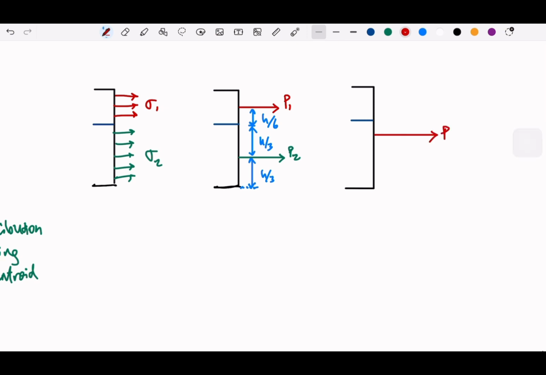And we have another term for this centroid, which we need to know, which I will write as YP. Okay. So this is how it looks like.